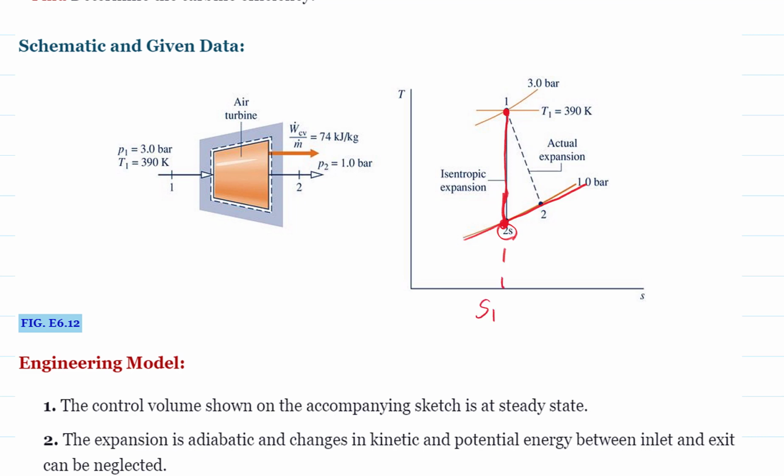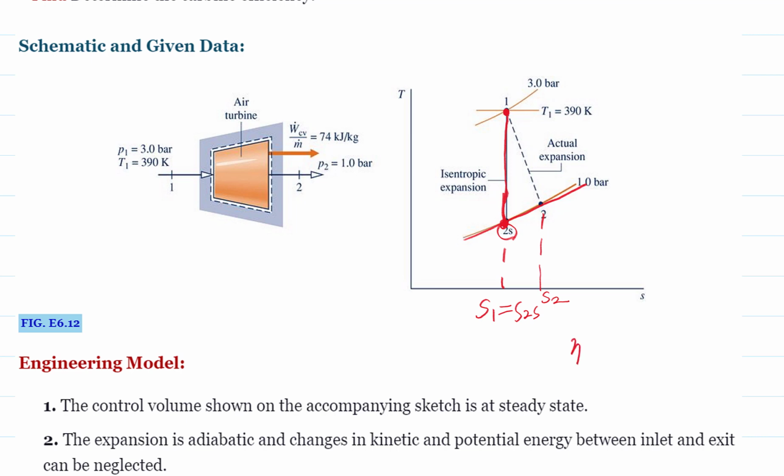So entropy S1 and S2S are the same, so this is an isentropic process. For the actual process, state 2 has greater entropy. This is S2.